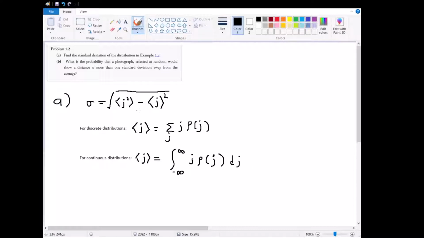So evidently, the process of finding the standard deviation is kind of the same thing. The only difference is that we have to solve for these integrals.